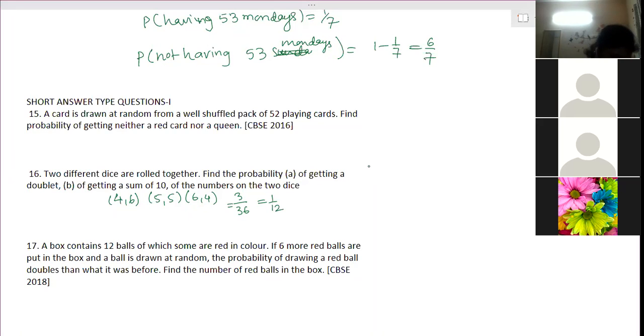Ma'am, but in one homework question I took 4,6 as 2, and 5,5, 5,5, so the total will be 6, right? I took each as separate ones.